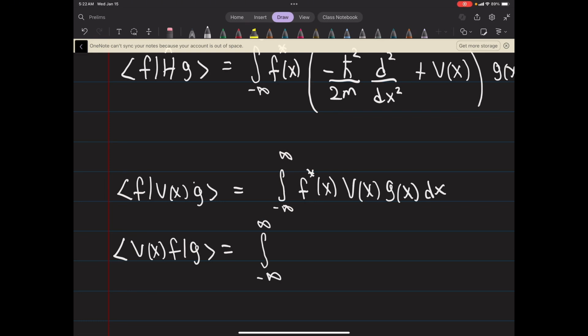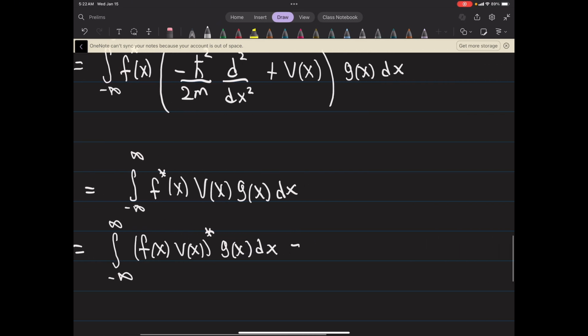So if we write it like this, this is the exact same thing as this.